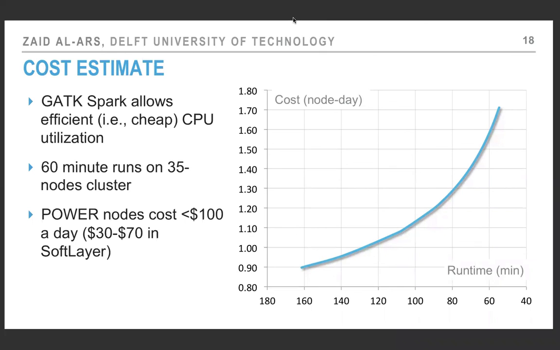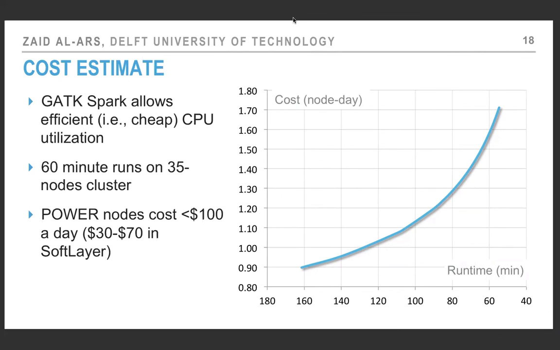This chart shows the cost estimation of running our GATK pipeline on a cluster. Running GATK on our Apache Spark solution allows us to have very efficient CPU utilization of the cluster, which means that we can run our solution at a low price.